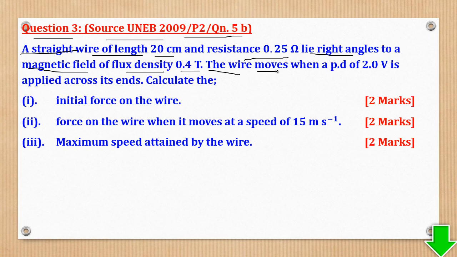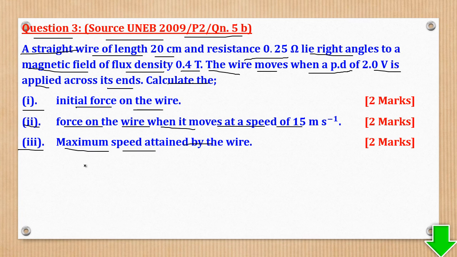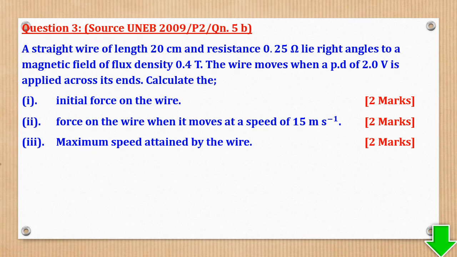The wire moves when a PD of 2 volt is applied across its ends. Calculate Roman 1 the initial force on the wire, Roman 2 the force on the wire when it moves at a speed of 15 meters per second, and Roman 3 the maximum speed attained by the wire.